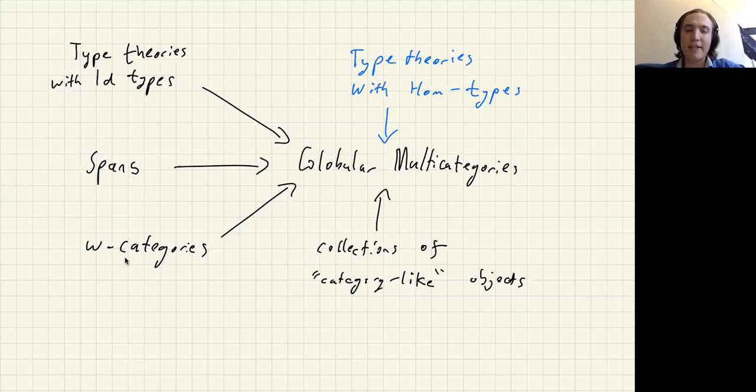In this omega category case, the analogous thing are the Hom profunctors between higher categories. And those behave like directed identity types in a sense that I'll now make precise. So what we're going to do is look at the identity types here in the type theories, and then see what they look like from the perspective of a globular multicategory.